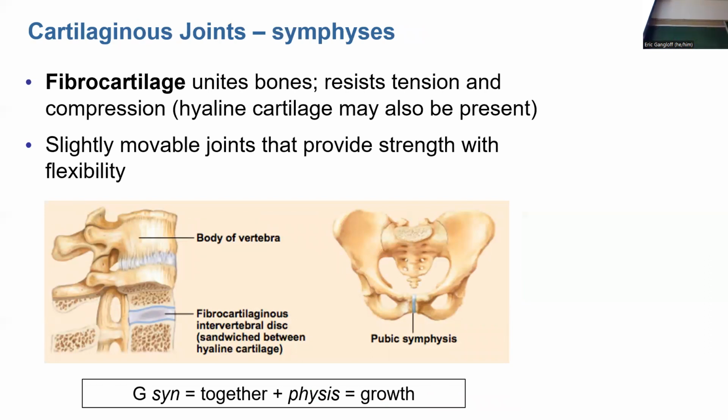And of course, the fiber cartilaginous joints between the vertebrae in your back, in your spinal column. As I mentioned, they're slightly flexible and they provide a lot of strength with some flexibility. So these are symphyses.